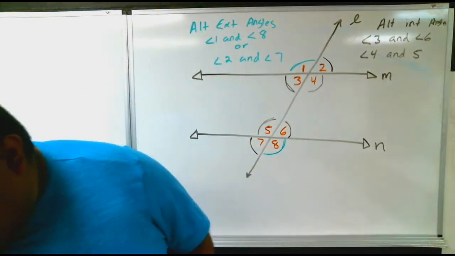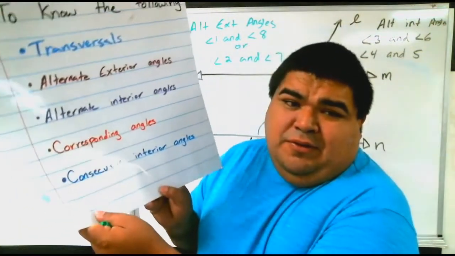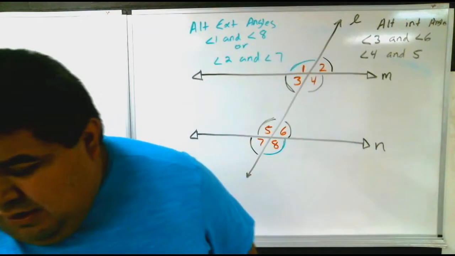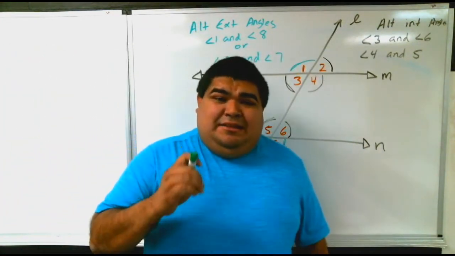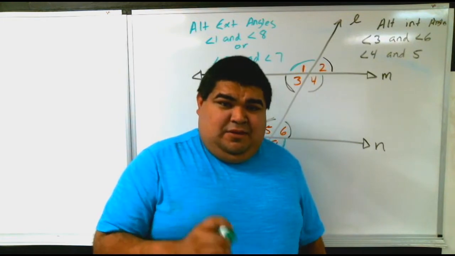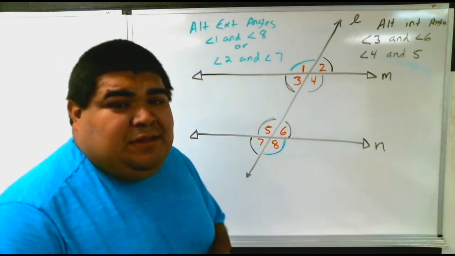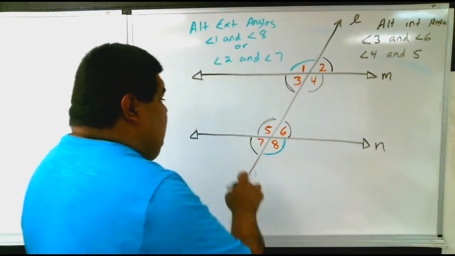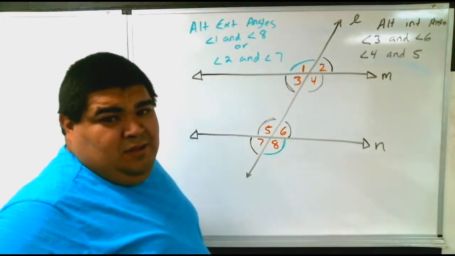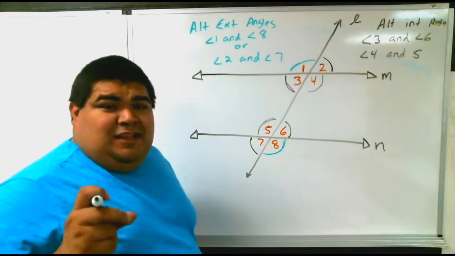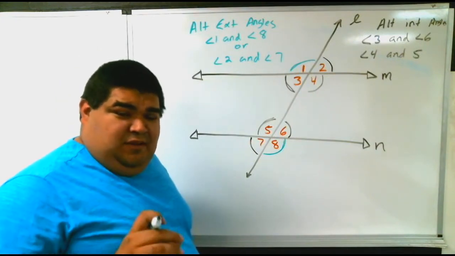Now keep in mind, what if we were dealing with corresponding? Remember, one of our objectives is to know what corresponding angles are. Corresponding angles are angles that are exactly the same degree. Usually that happens because these two lines are parallel and this transversal cuts perfectly through them. That means think of the same location on the different lines.